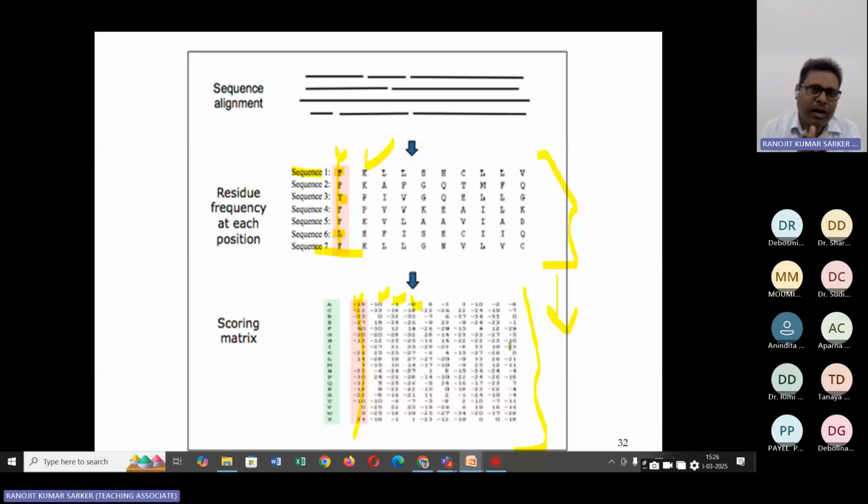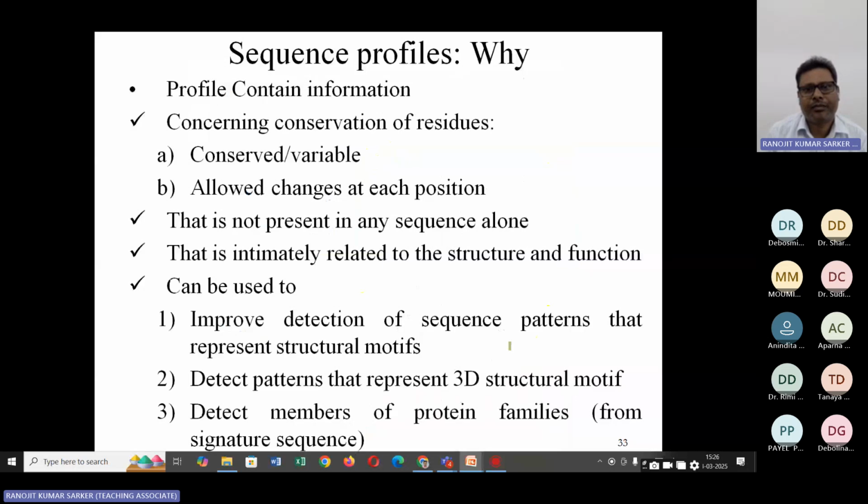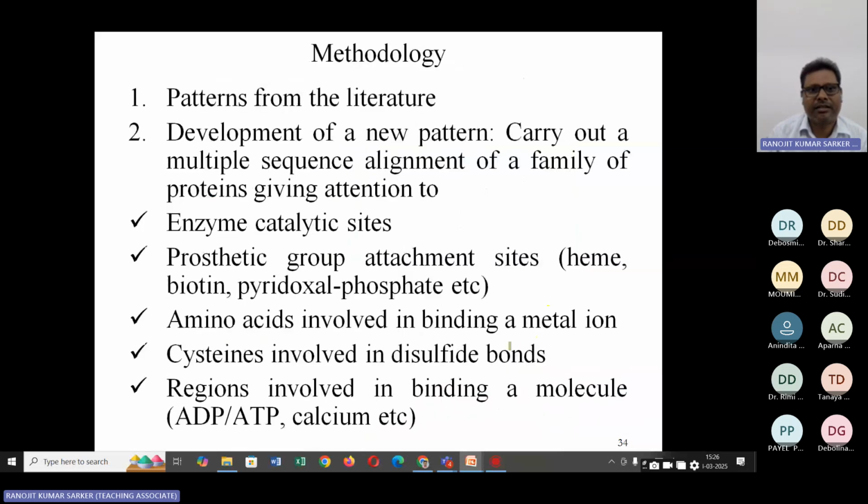That is the whole objective of these profile values. There are many applications of profiles: conserved regions, variable regions, and pattern and domain identification.